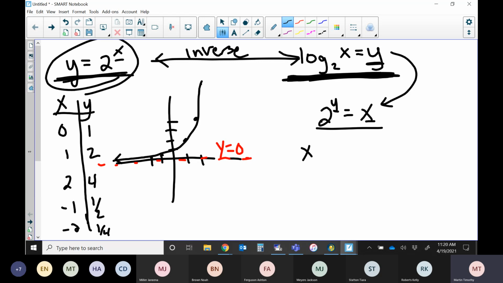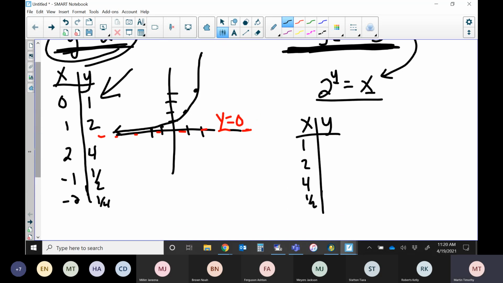So if I take the x and y chart from here, and I rewrite it now, 1, 2, 4, 1/2, 1/4. What did I just make all the x's?